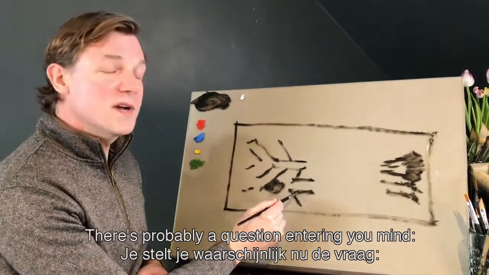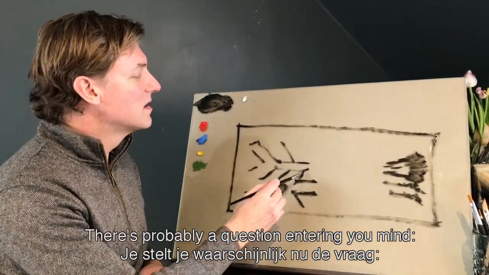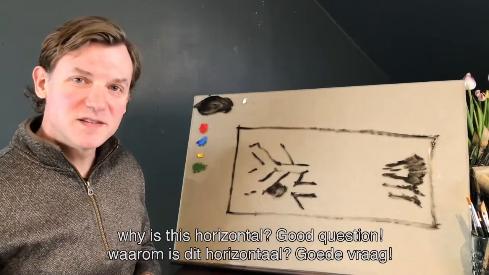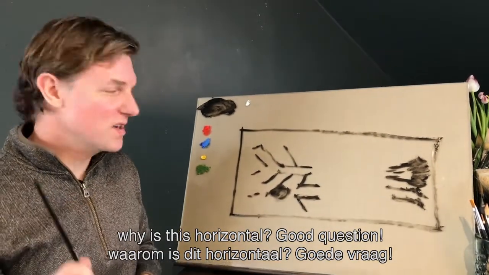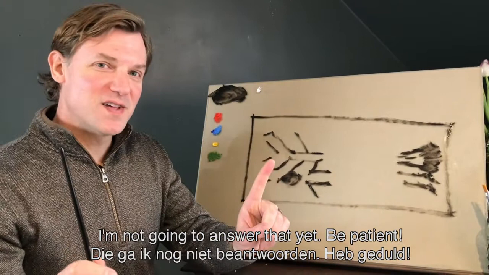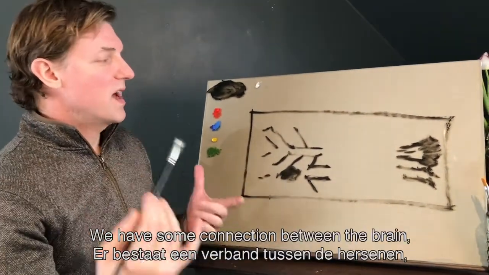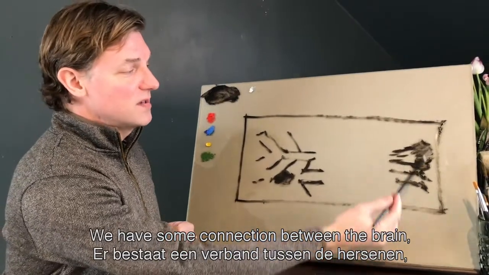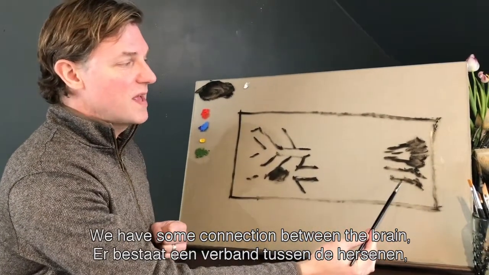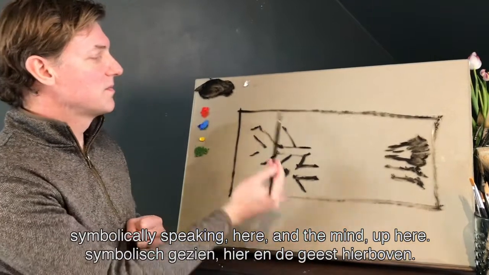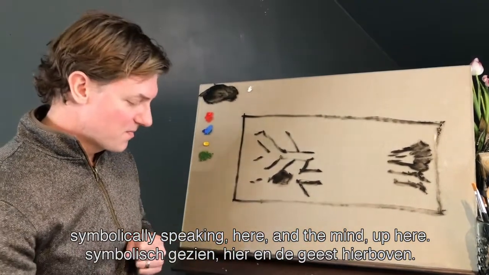Now there's probably a question entering your mind, which is, why is this horizontal? Good question. I'm not going to answer that yet. Be patient. We have some connection between the brain, symbolically speaking here, and the mind up here.